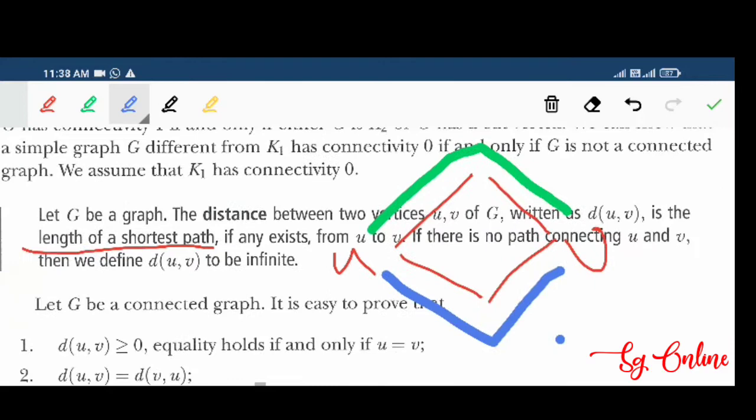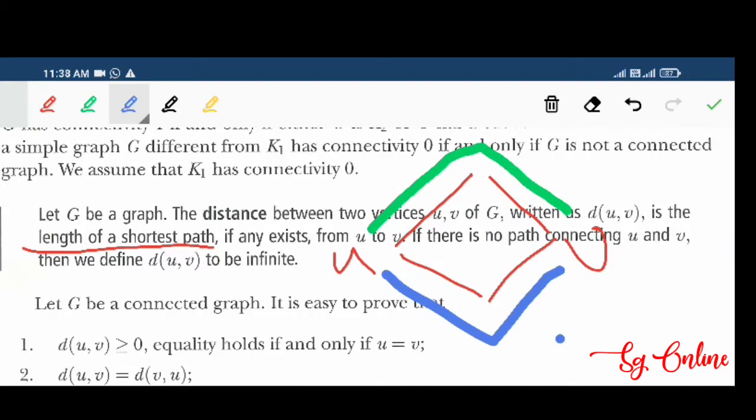There are two paths, both of length 2, and both of them give you the shortest path between u and v, because there is no path of length less than 2. There is no path of length one between u and v, so the distance here is 2. But there may be more than one path giving this distance.